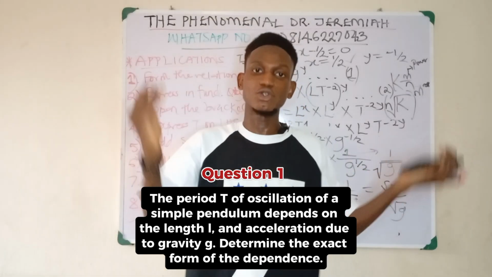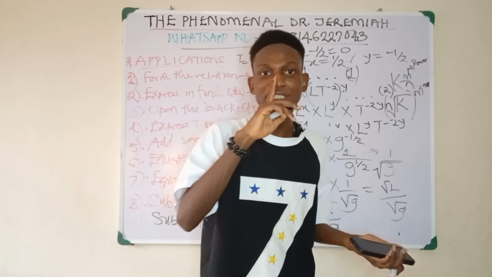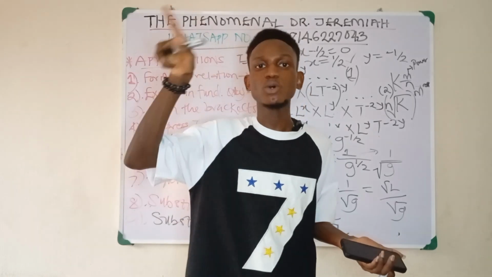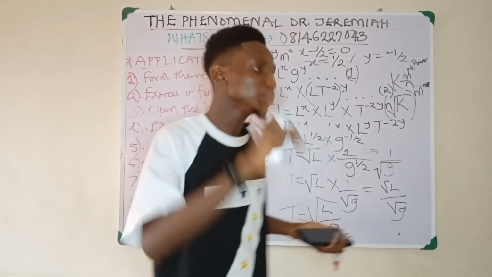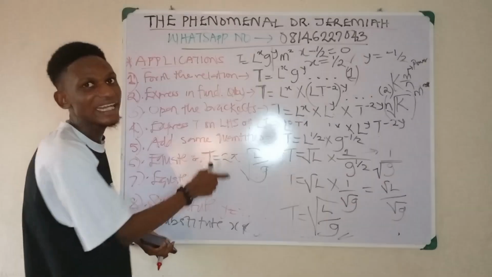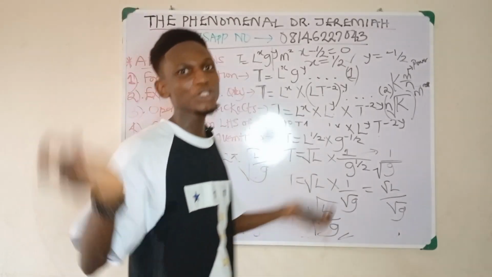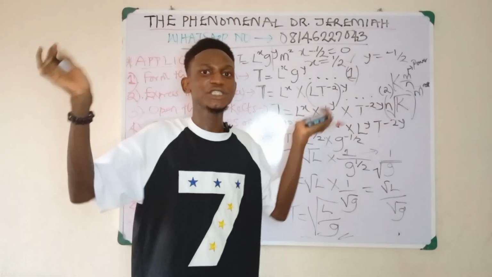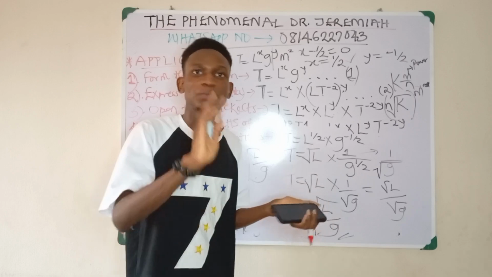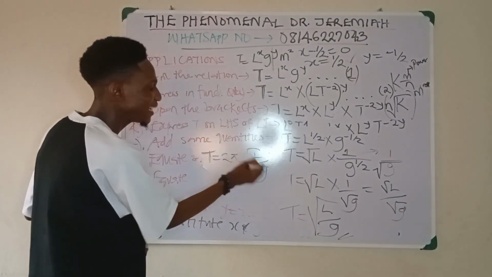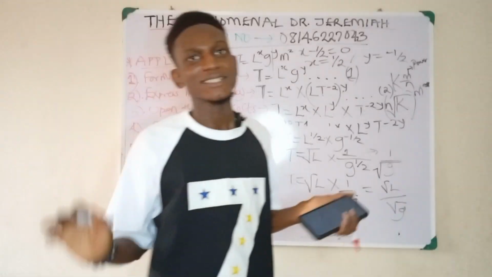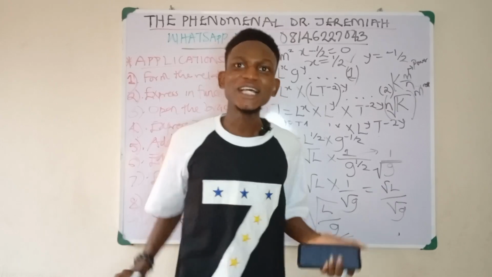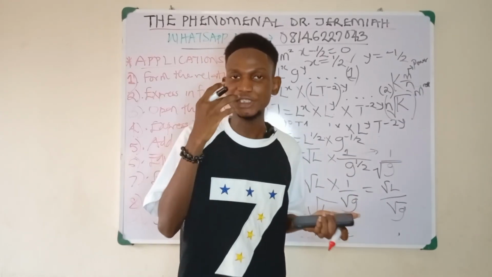Now let me give you a bonus. This is why you see in your JAMB questions they say period depends on this and that. Period does not depend on these guys. They are just constants in the equation. 2 pi is just a constant. Period does not depend on them. Period only depends on length and gravity. So that's just a tip for you for watching to this point.